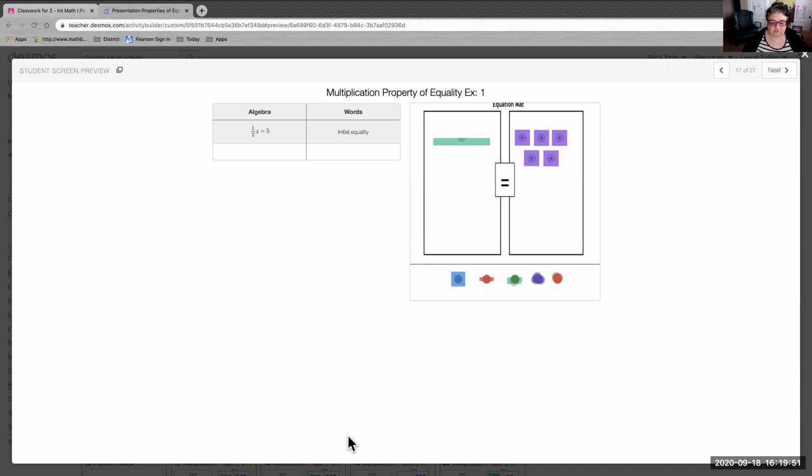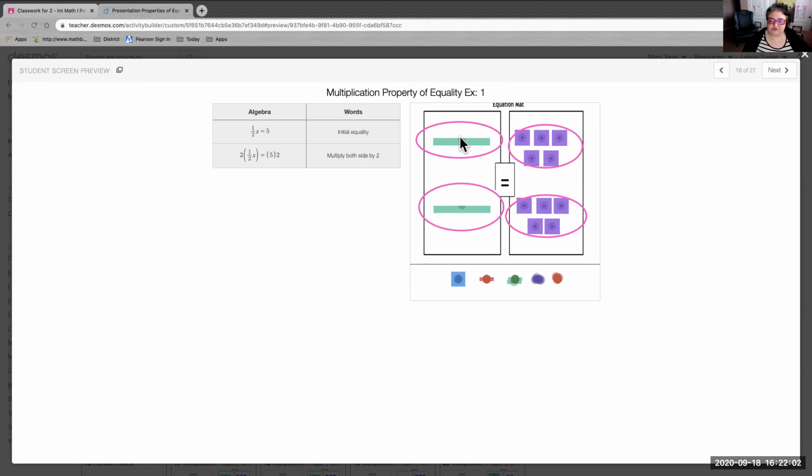So then when I multiply, what does that look like? That's what it looks like, guys. So I multiplied it by 2. So now I have 2 of these. And I have 2 of these. And algebraically, we have that 1/2 x equals 5. And then we multiply by 2 here and by 2 here.